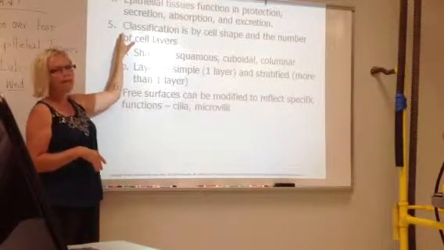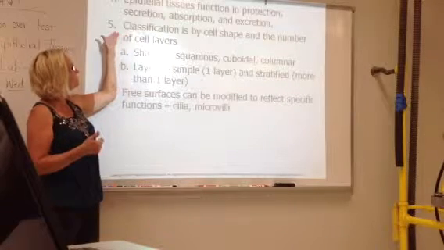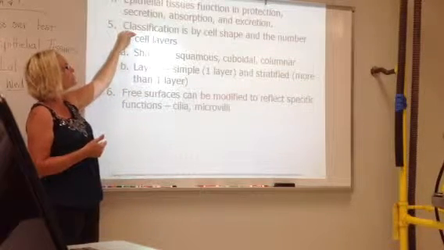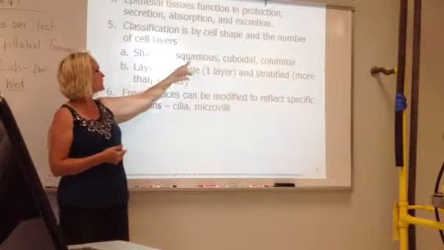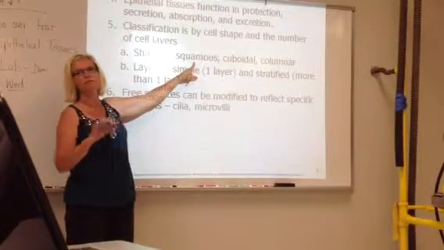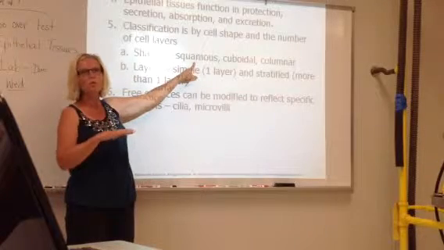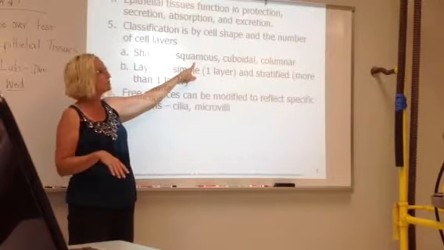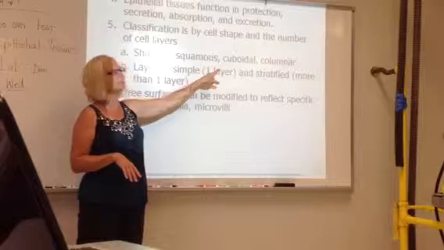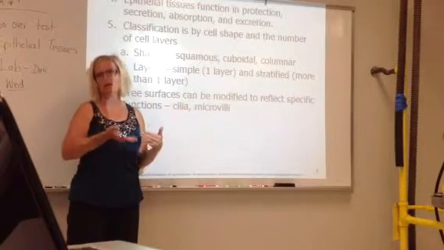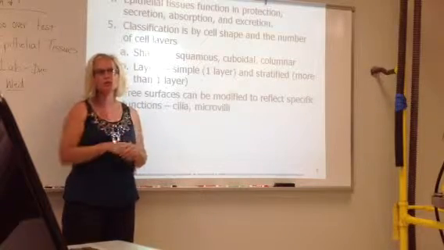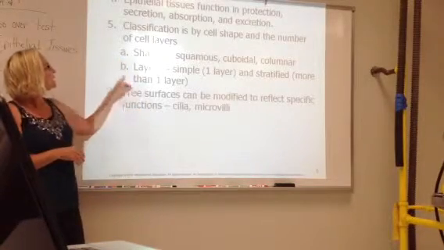Classified by their shape and the number of layers. So how they're grouped. They are grouped by shapes. Squamous means flat. You're squatty, you're flat, squamous. Cuboidal, it's shaped cube-like. Columnar, it's shaped like a column. It's going to be a longer or elongated cell.